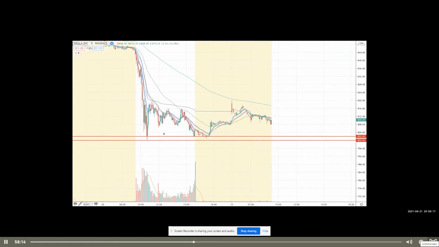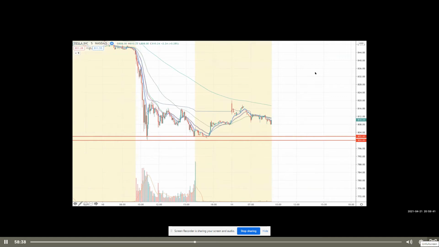Then in the afternoon, it bounced off of 802 two more times, and also in the after hours session, it bounced off of 802. So 802 was actually the primary support level, but 800 obviously mattered too, primarily due to the psychological level of 800. So that was our support and resistance.